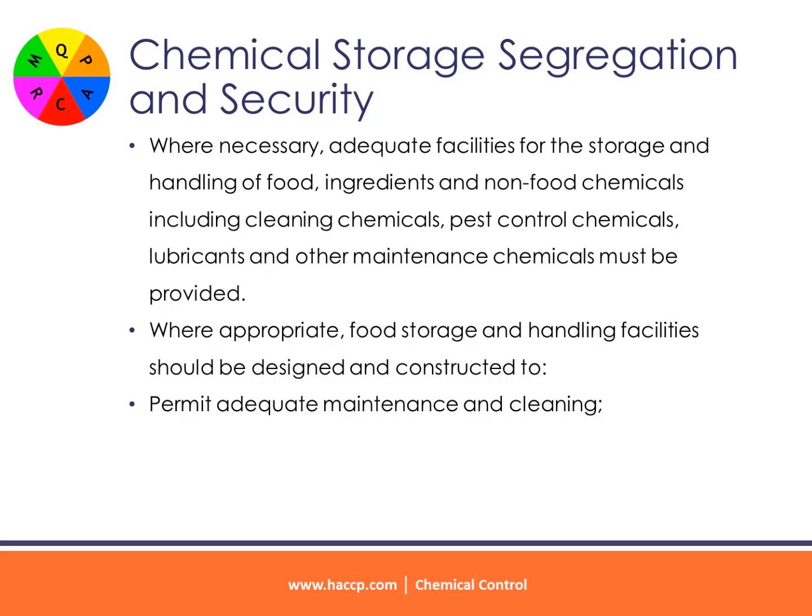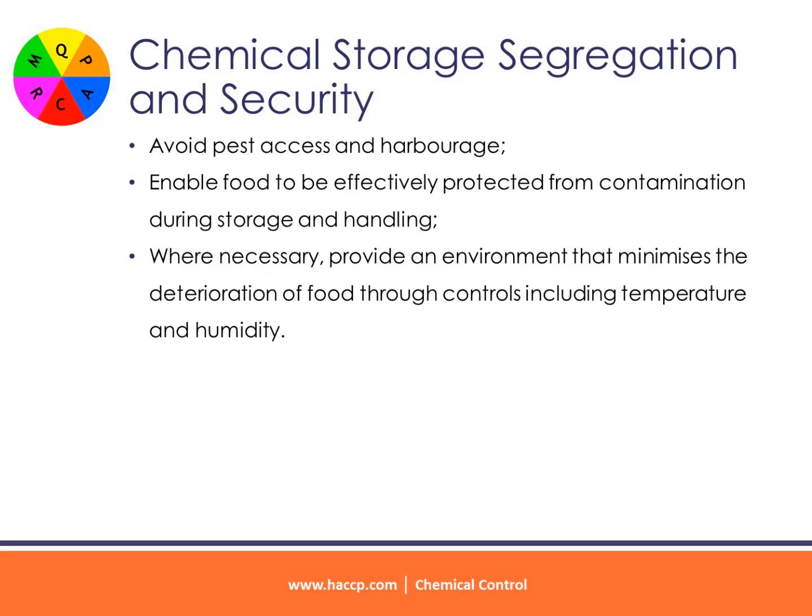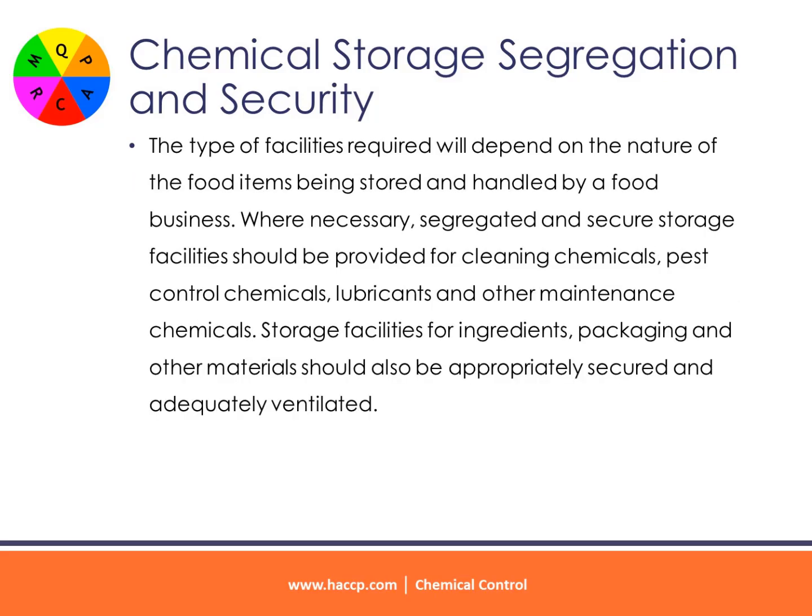Where appropriate, food storage and handling facilities should be designed and constructed to permit adequate maintenance and cleaning, avoid pest access and harborage, enable food to be effectively protected from contamination during storage and handling, and, where necessary, provide an environment that minimizes the deterioration of food through controls including temperature and humidity. The type of facilities required will depend on the nature of the food items being stored and handled by a food business.